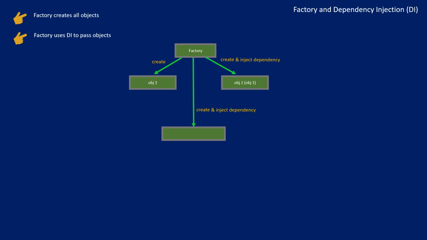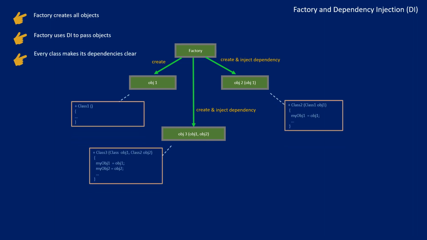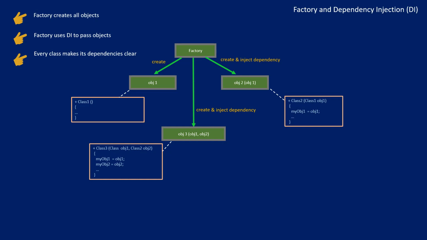Similarly, it passes object 1 and object 2 to object 3's constructor. In summary, every class makes its dependencies clear by explicitly taking them as parameters, mostly in their constructors. Let's quickly see what this all means in the context of our example.